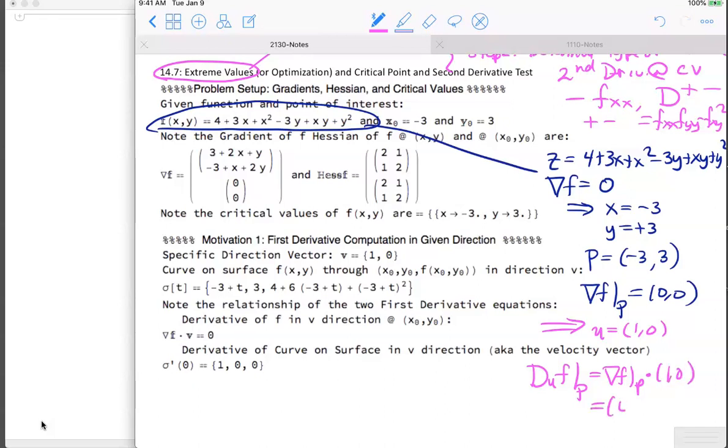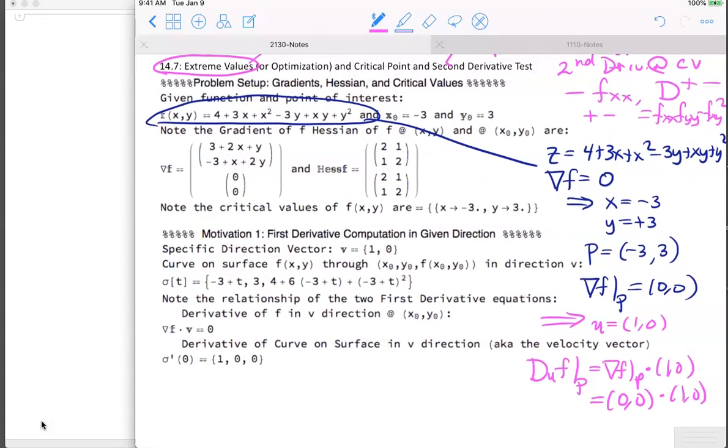Because the gradient is 0, no matter what direction you pick, you will get 0 for the directional derivative. That is what we're seeing here: if we look at a curve on the surface through the point P equals -3, 3, the tangent line to the curve is flat in that direction.